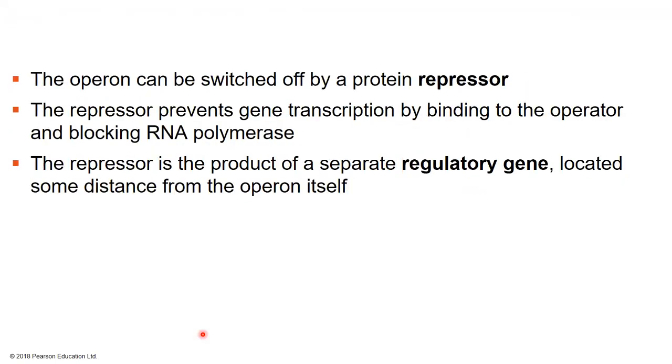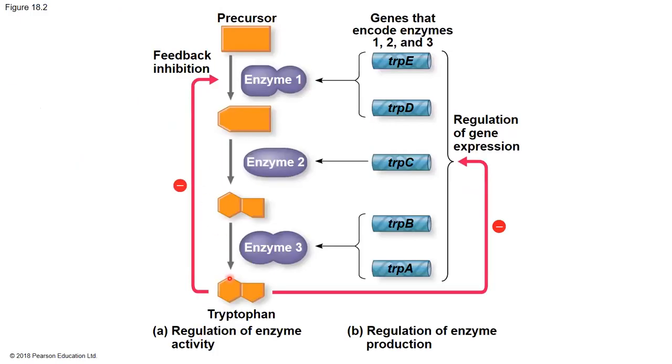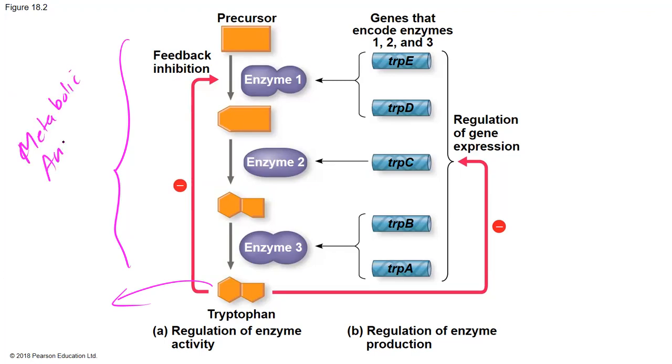In terms of the trp operon, for example, its end product. So this is the trp operon. The trp operon genes are important for encoding these enzymes. These enzymes synthesize tryptophan. This is a metabolic or anabolic pathway.